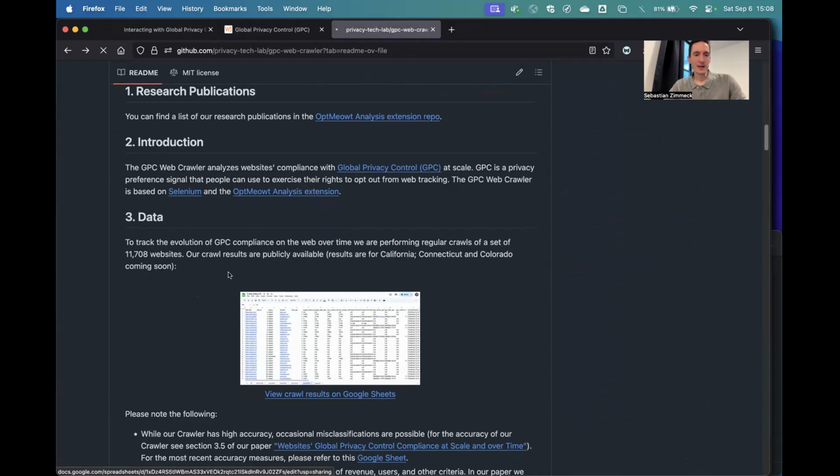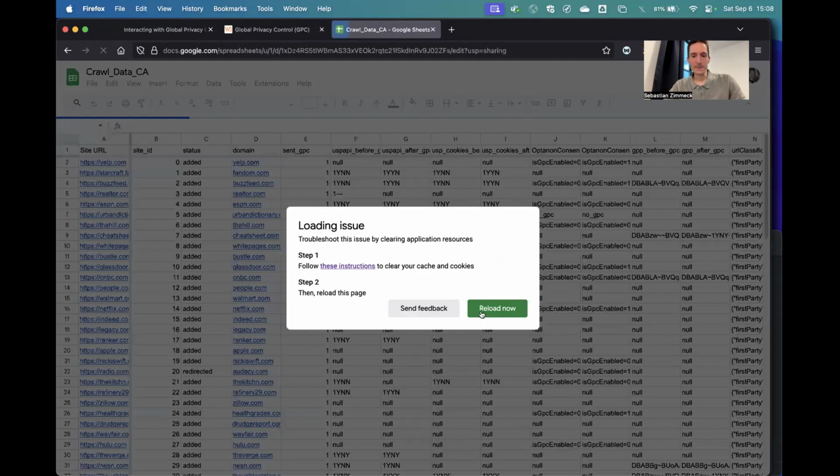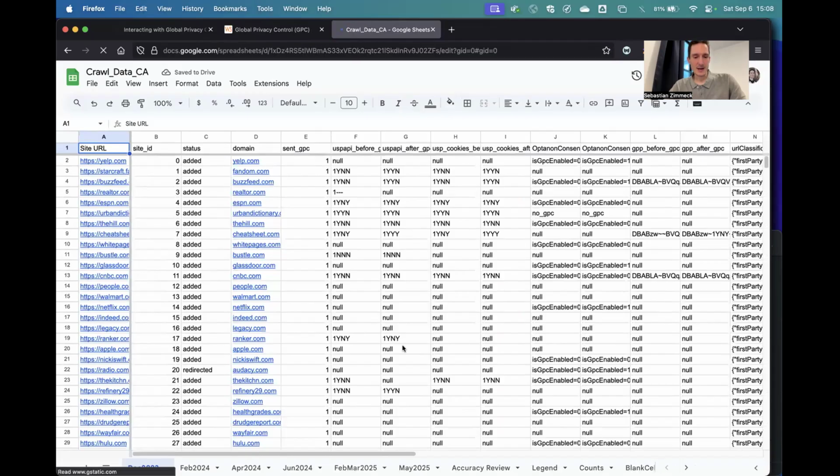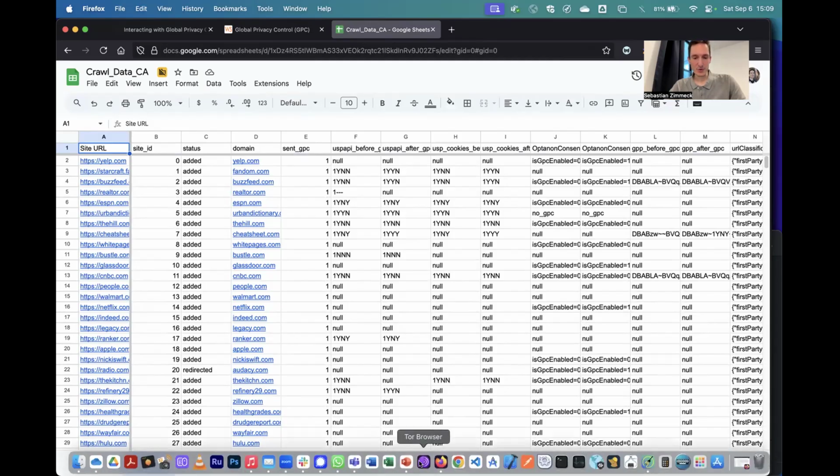If you go to the data section of our site, you will see the first three times in which we analyzed the data: December 2023, February 24, and April 24. But there's also June 24 and also data for 2025. This is all California data, but we will also make Colorado, Connecticut, and New Jersey data available for further research. So this is a resource that you can use to analyze sites and also analyze the data that we already provide here.